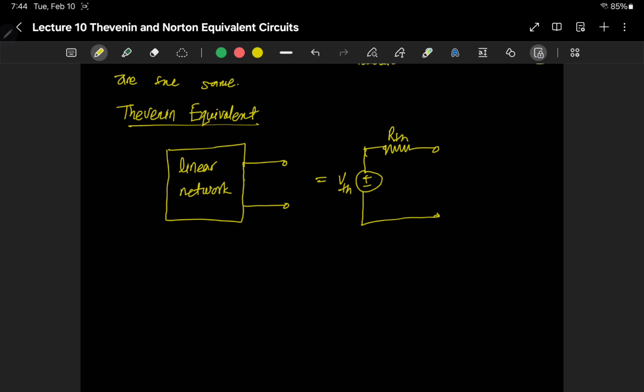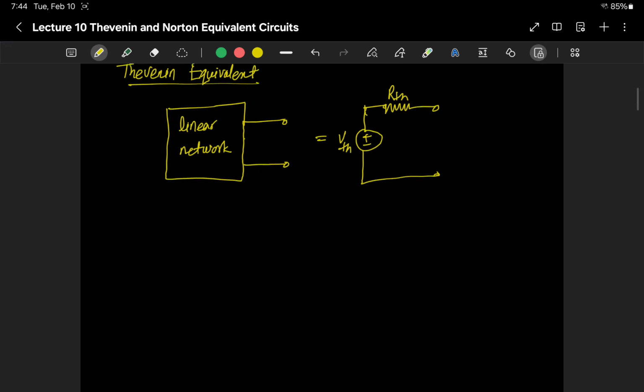So to solve this kind of problem, we evaluate these two points, once using the open circuit approach and then using the short circuit approach, and we calculate the VTH and RTH.